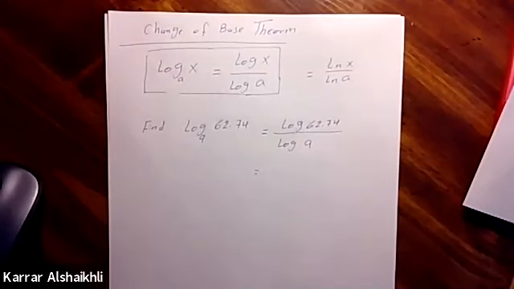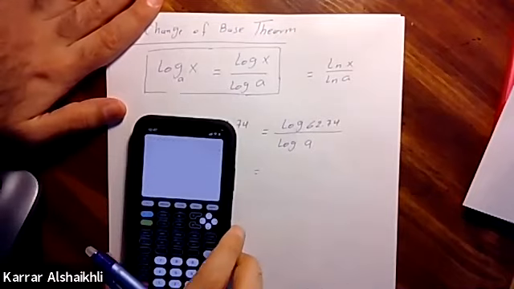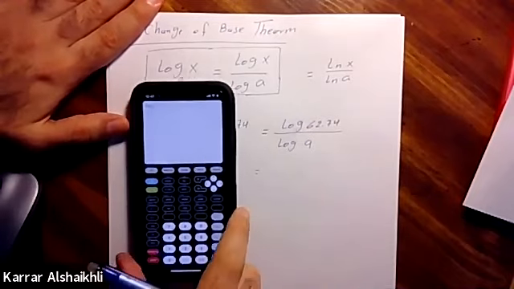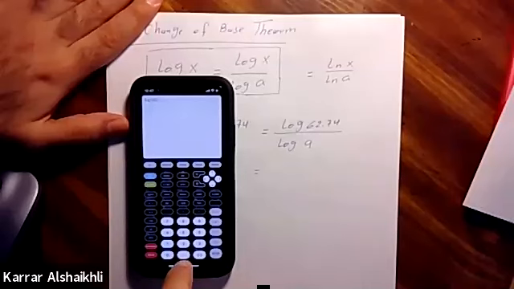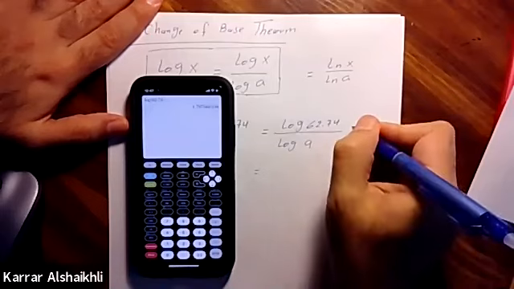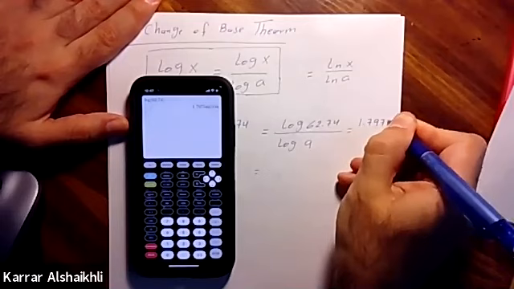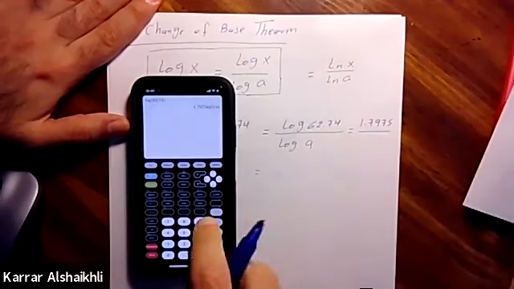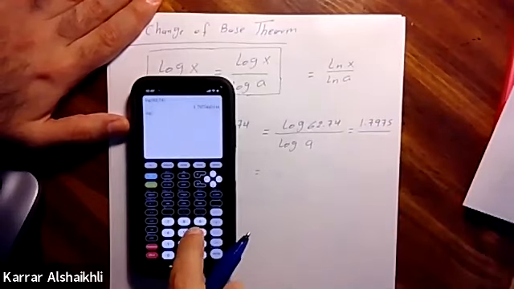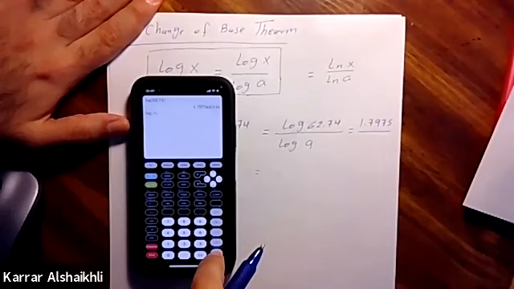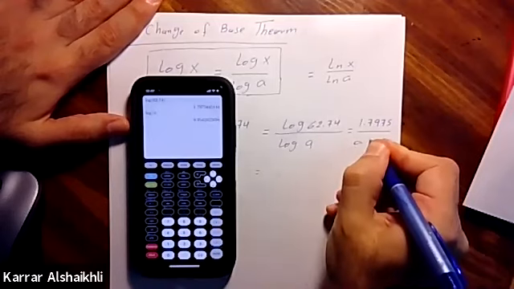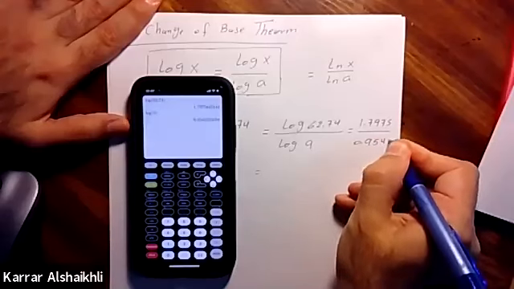Let's see, there's the calculator. I'm just going to say log of 62.74, which is going to be 1.7975, over log of 9, which is going to be 0.9542.